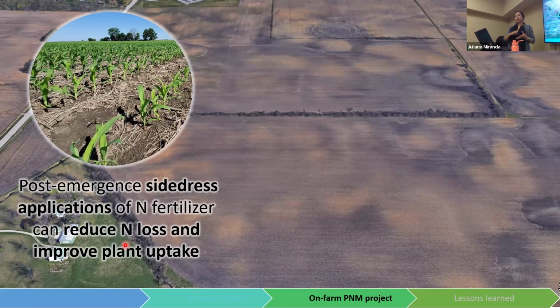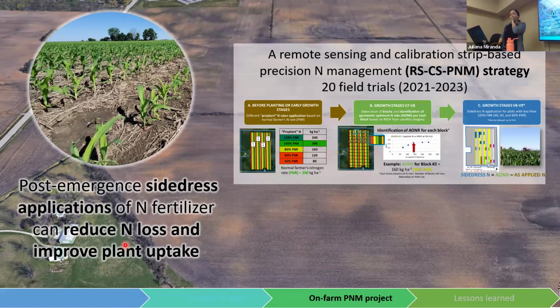With the University of Minnesota, we developed a strategy to provide a tool for farmers to identify how much nitrogen to apply at side-dress. This strategy was called the remote sensing and calibration strip-based precision nitrogen management strategy. But from now on, I will just say our strategy versus the farmer's practice.